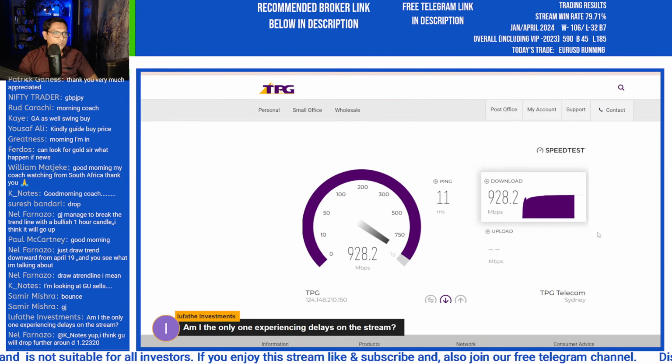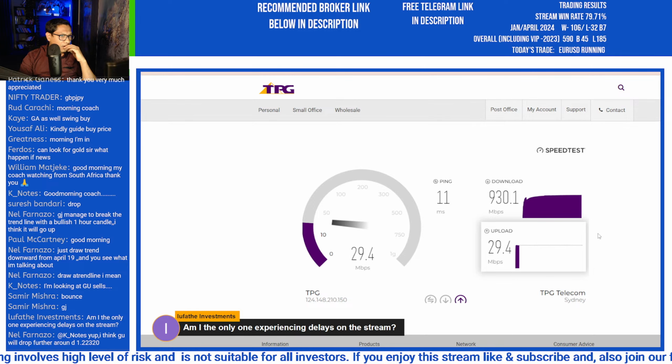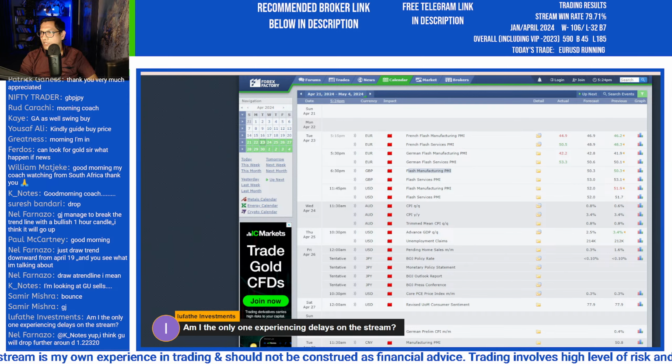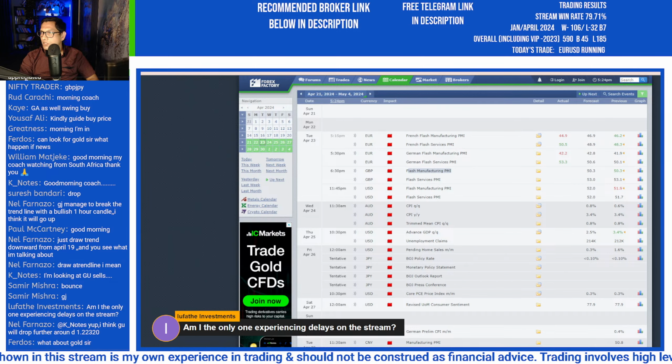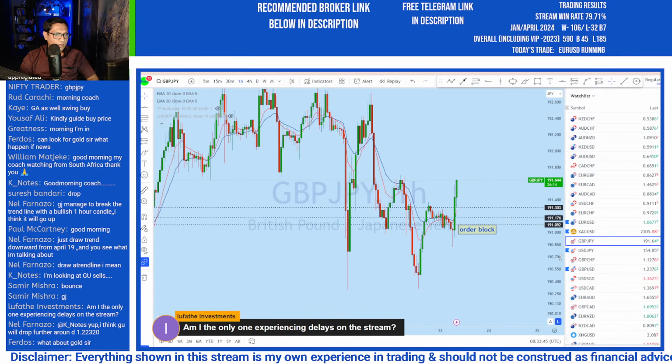So I'm doing a speed test. Let's see, this is my download speed, going to my upload speed. Download speed is 930 Mbps, upload is 27 Mbps. Shouldn't be delayed, but in case the settings are not consistent, that might be. So let me know if you are delayed on the stream.